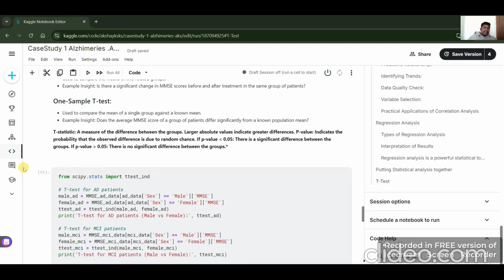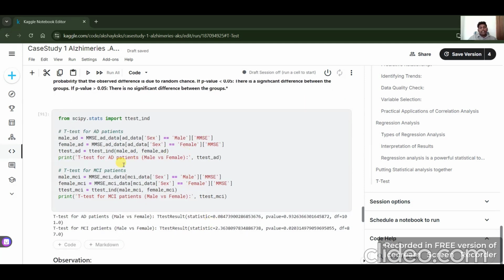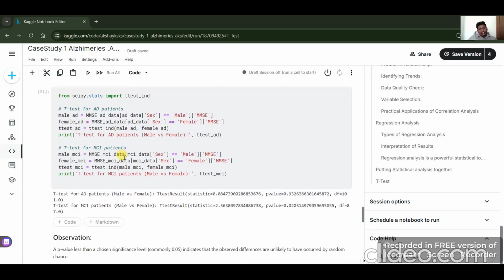For the t-test, we can compare Alzheimer's patients and MCI patients. We input the Alzheimer's data and MCI data and include this code.